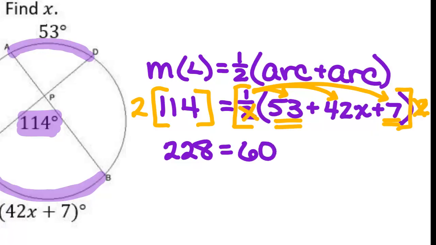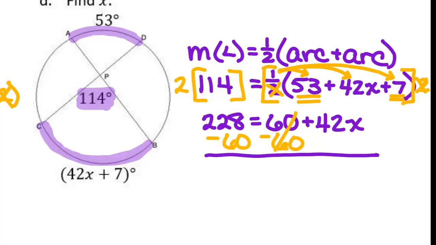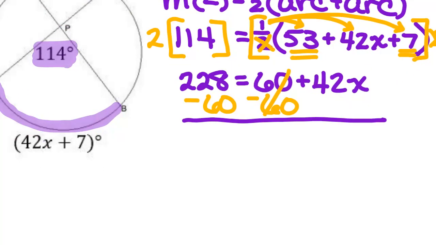So I have 60 plus 42x. Then I'm going to subtract 60 from both sides. What is 228 minus 60? 168 is equal to 42x.